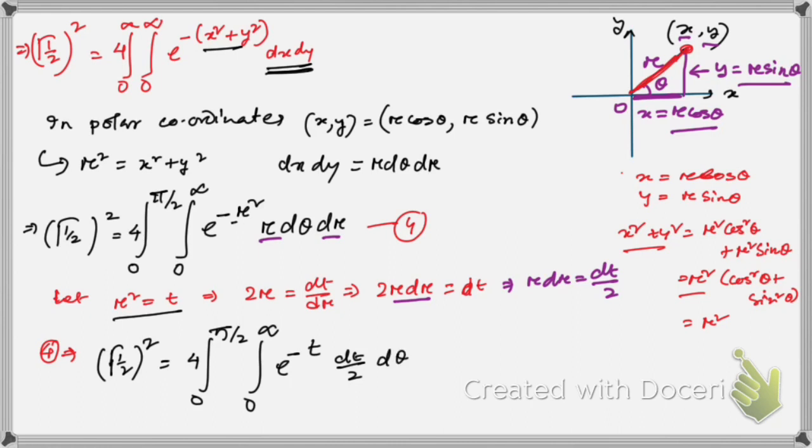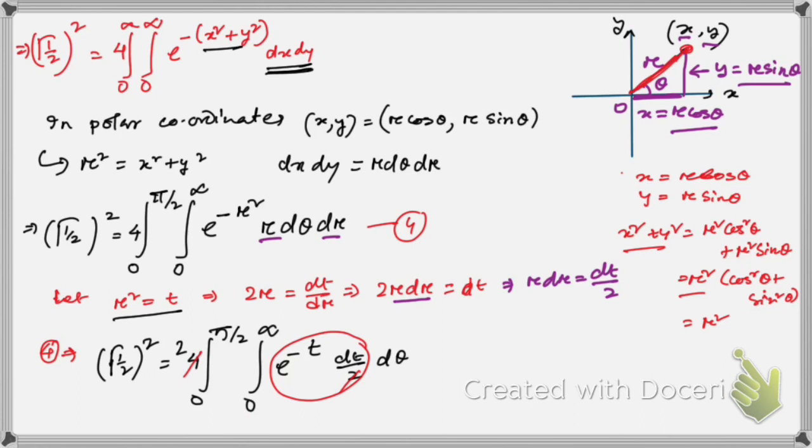We have just substituted here, right? So hope you have understood this. One more thing, this 2 cancels, 4 gives 2. So if you integrate this part only, from 0 to infinity.